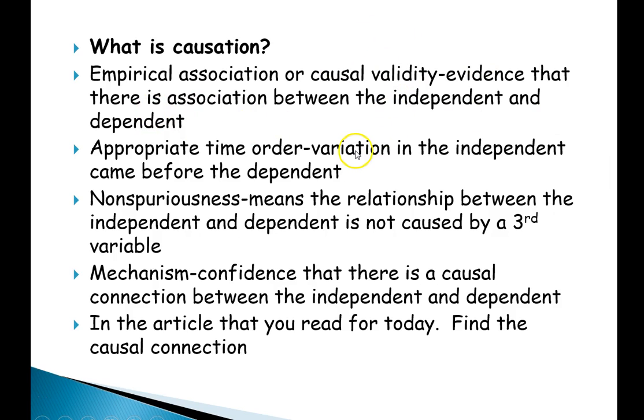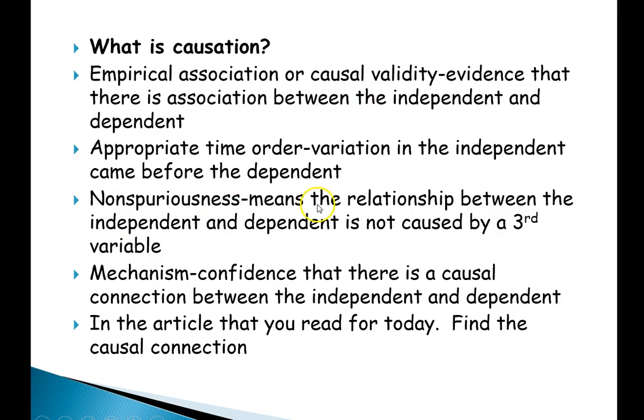Appropriate time order is a variation, and the independent came before the dependent. In other words, we need to make sure that any change in the independent didn't happen after its relationship with the dependent, because that means we are not in the correct order to look towards valid causation and causal validity.